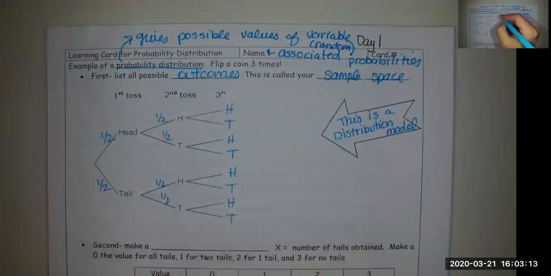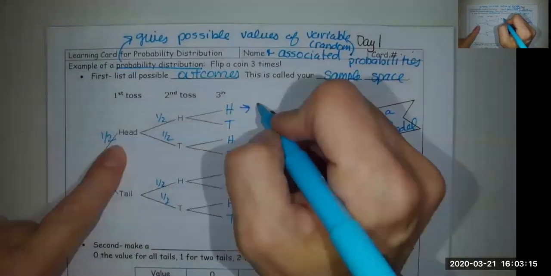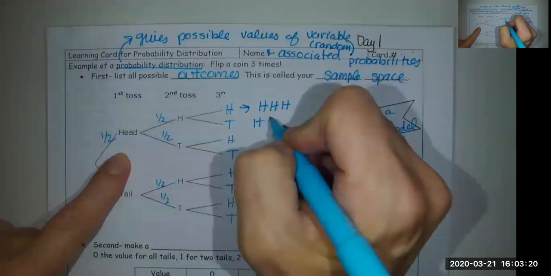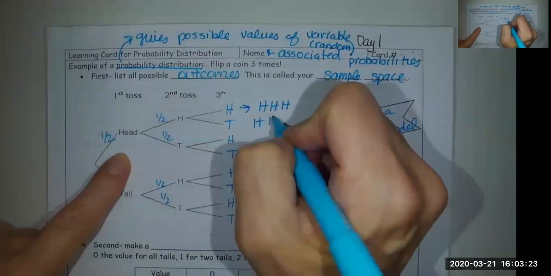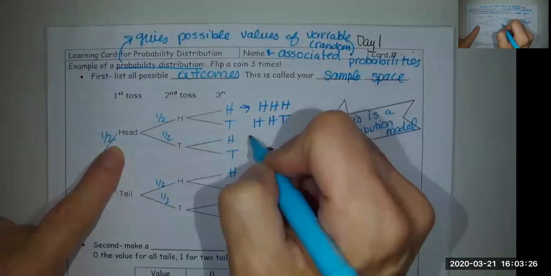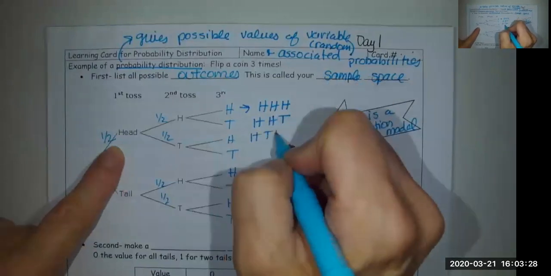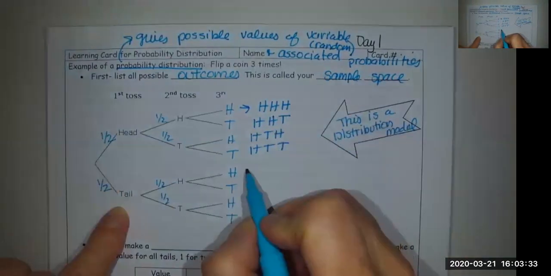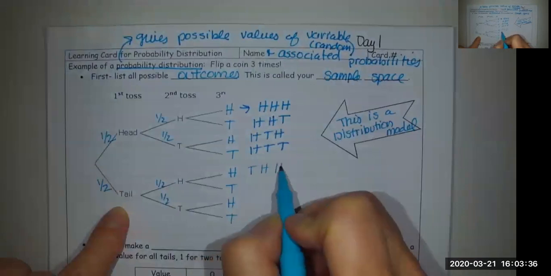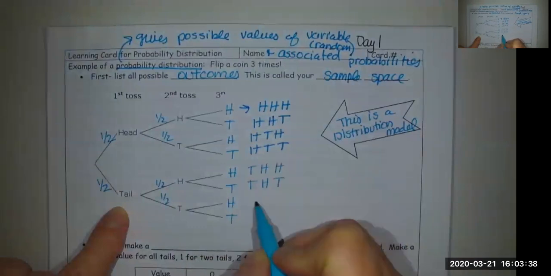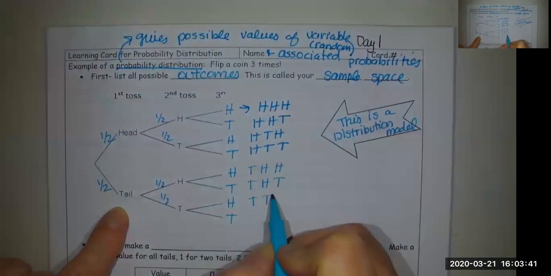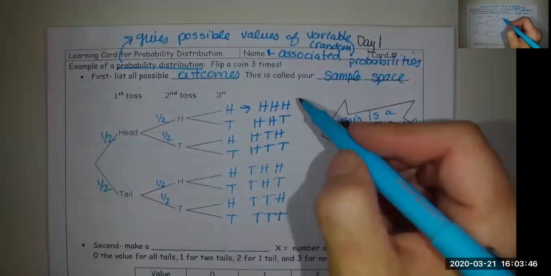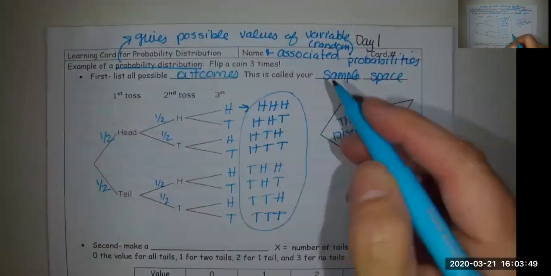But this shows us head, head, head, then head, head, tail, and head, tail, head, head, tail, tail, then tail, head, head, tail, head, tail, tail, tail, head, and tail, tail, tail. So this right here is your sample space.